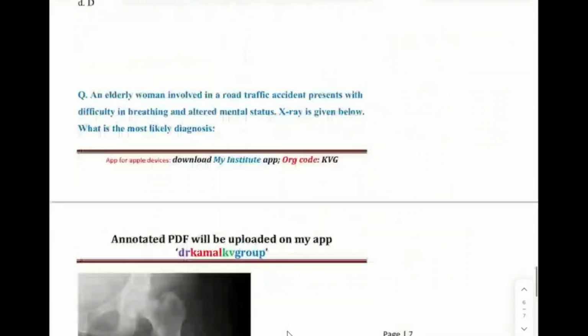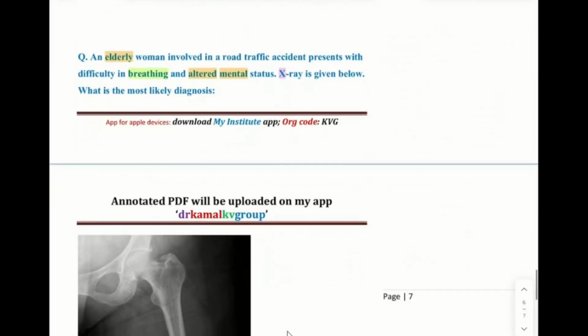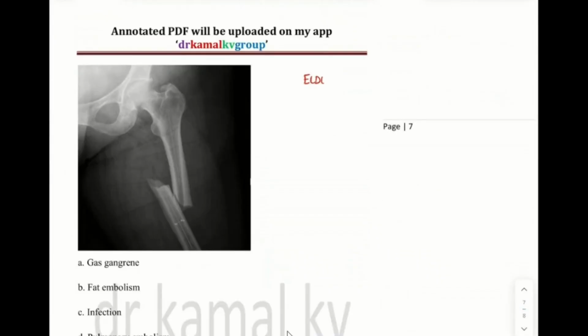Then, an elderly woman was involved in a road traffic accident and there is difficulty in breathing and altered mental status. It means she is going into delirium. Now, an X-ray is also given. What is the likely diagnosis? So here, the key clues are: elderly lady, history of road traffic accident.